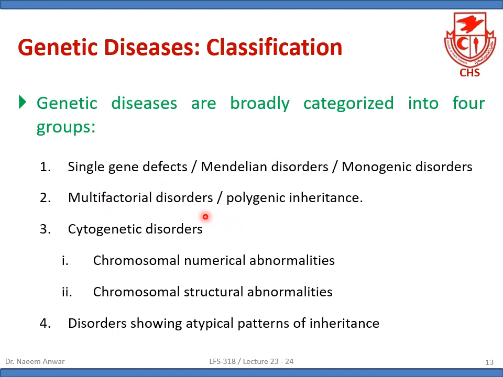We have cytogenetic disorders, mainly talking about the chromosome. They might have some defect in the number of the chromosomes or the structure of the chromosomes. And finally, we have some disorders that show atypical patterns of inheritance.